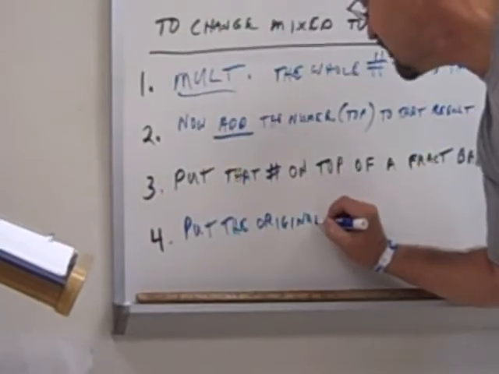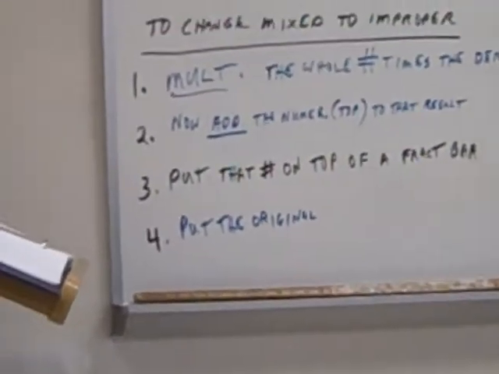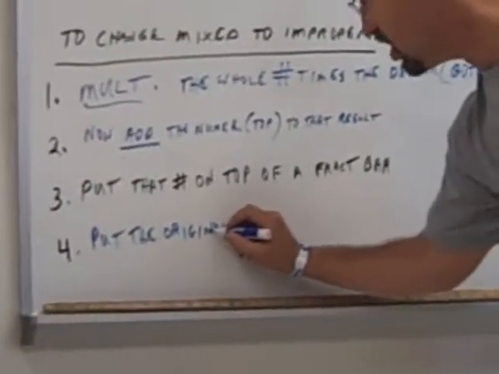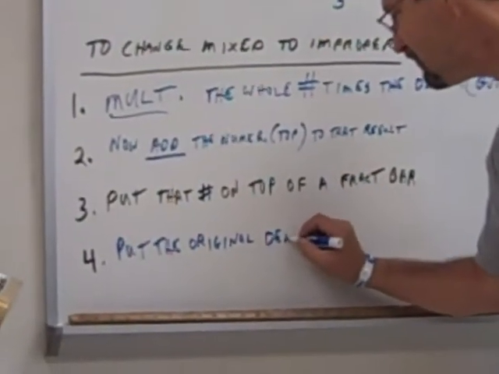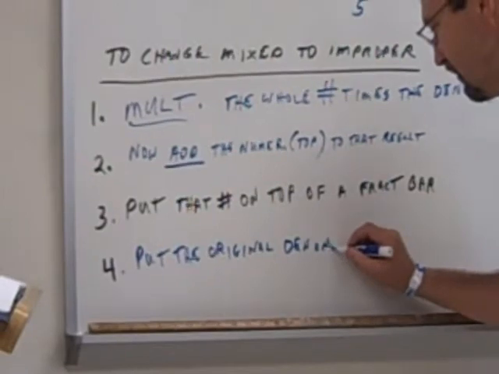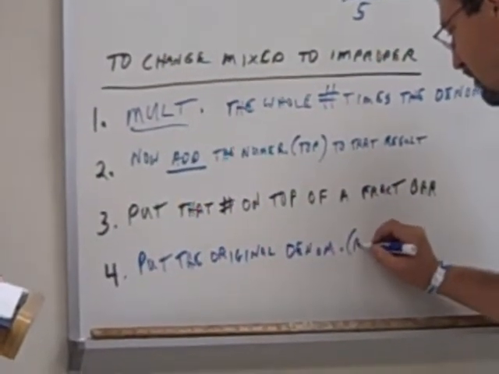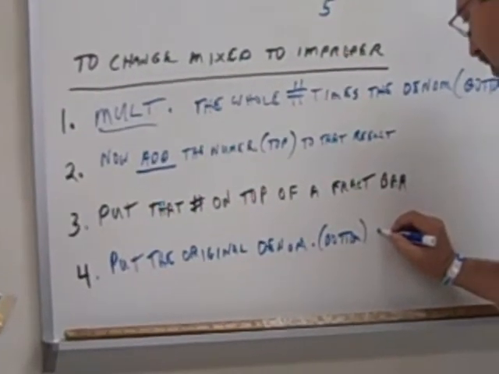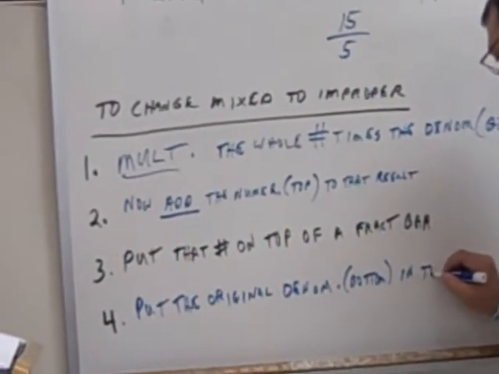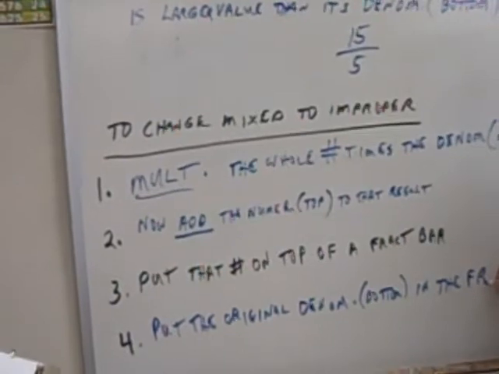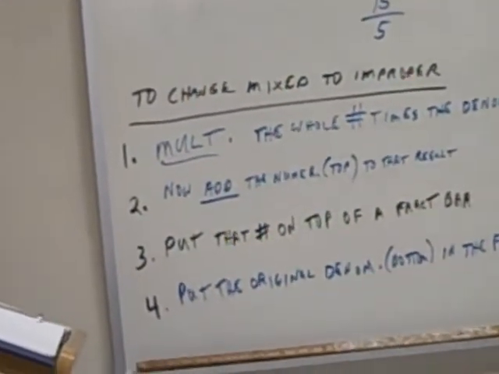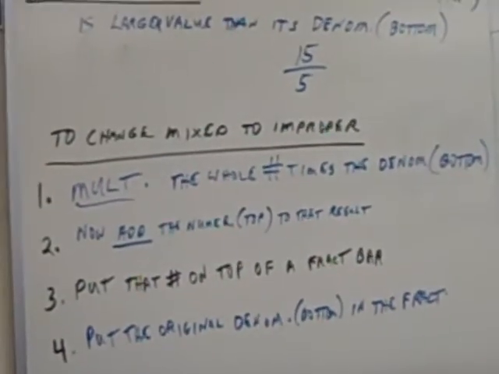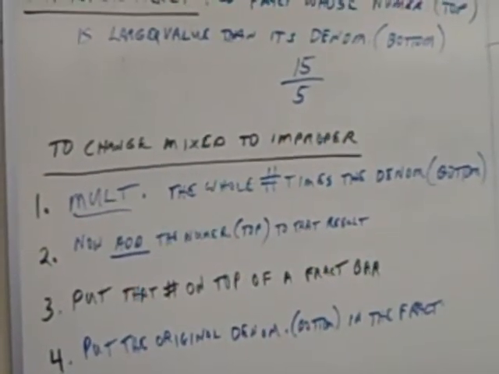Original means the first one, right? So let's put the original denom, which is the bottom, in the fract. Put the original denominator, bottom, in the fract.